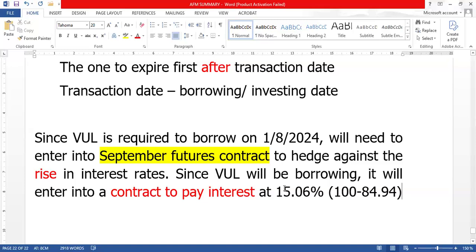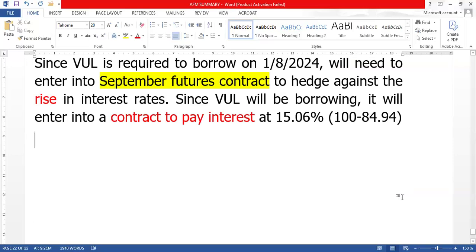Now, after knowing that, what does that one mean? The next step, you simply need to know the number of contracts. Just master the steps. You need to borrow on 1st August 2024. That is your transaction date.